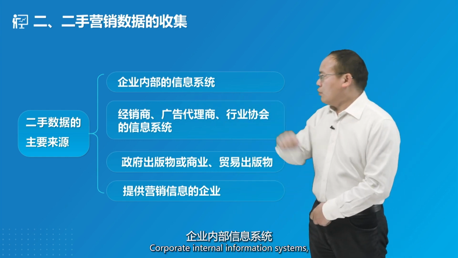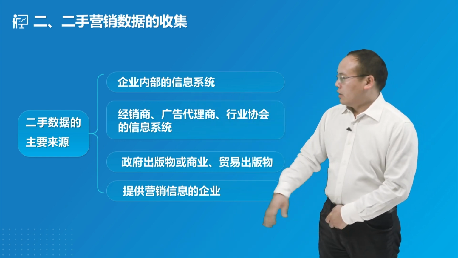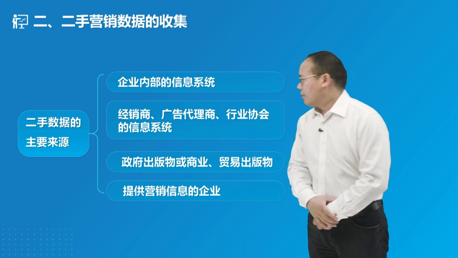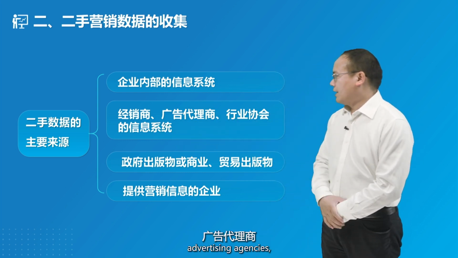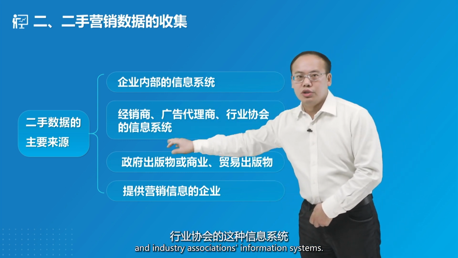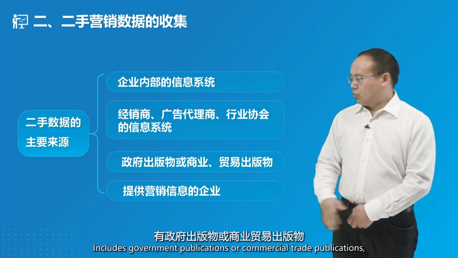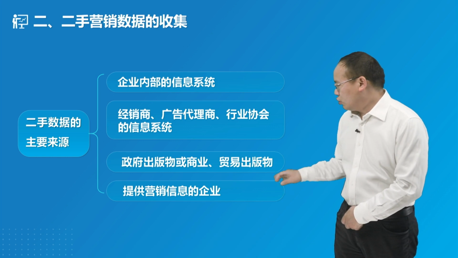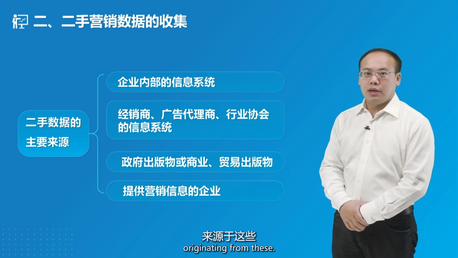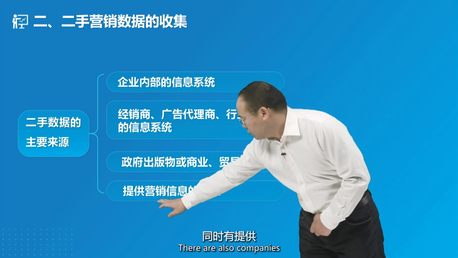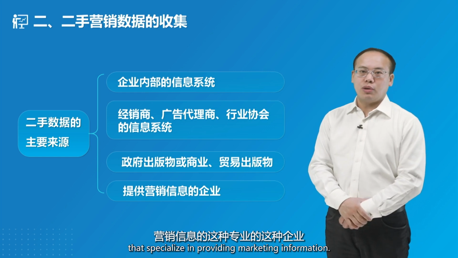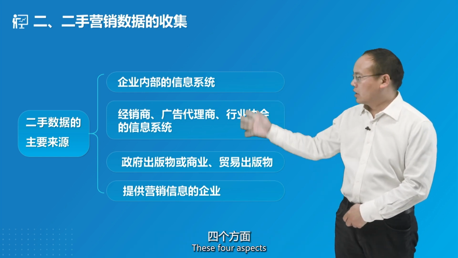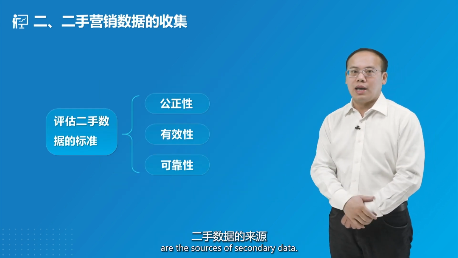Corporate internal information systems, our product distributors, advertising agencies, and industry associations information systems. Includes government publications or commercial trade publications. Originating from these, there are also companies that specialize in providing marketing information. These 4 aspects are the sources of secondary data.